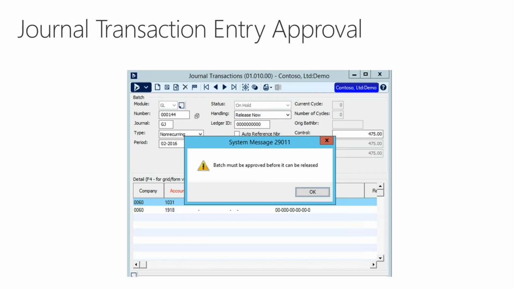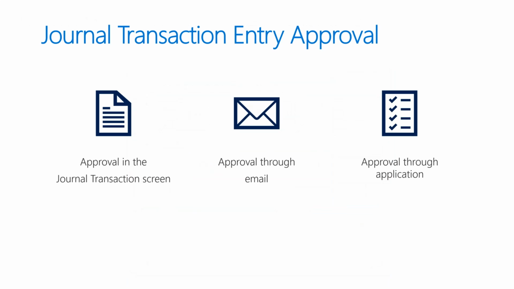And then we can have them go through the approval process. I'm not going to go through all those steps again, but at a very high level, how do you approve the journal transaction? You can go back into the journal transaction screen itself and choose to approve it as an approver. You can do it through email, as we talked about earlier, and you can do it through the app. So there's an app, an email, and similar to what we did. That same great feature added to another screen. I think great results for that as well.